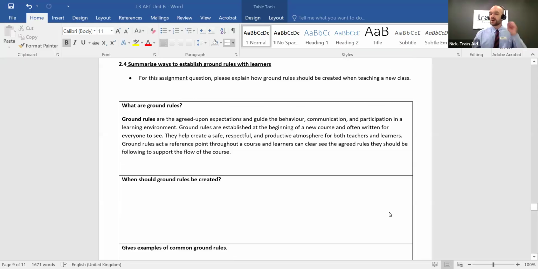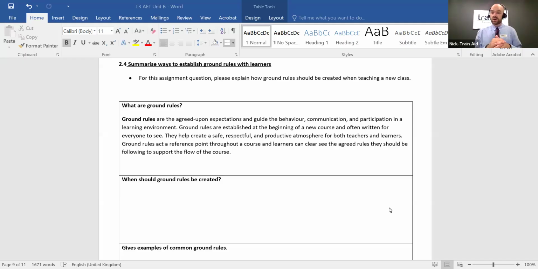Okay, but let's go back to the beginning and think about what ground rules are. Ground rules are created at the very beginning of a new course. It's essentially a list of rules that's created by all learners in the class, and they're often written down for all to see.